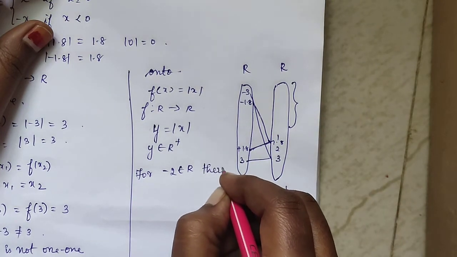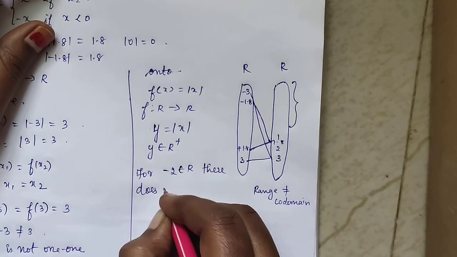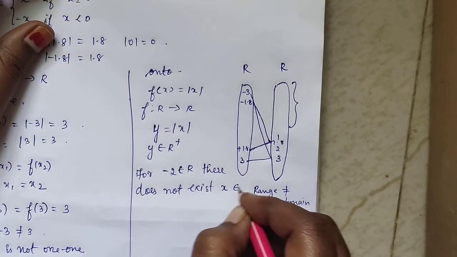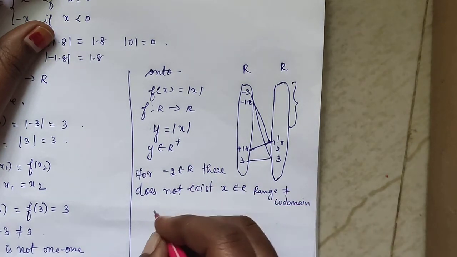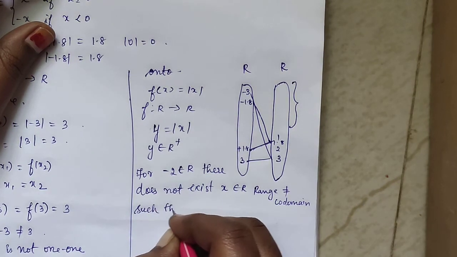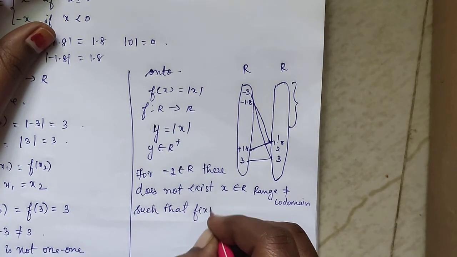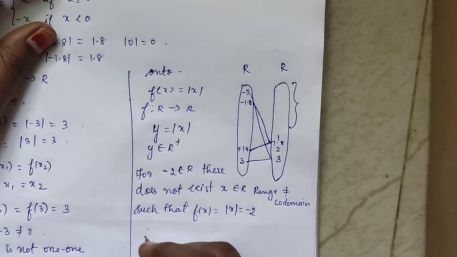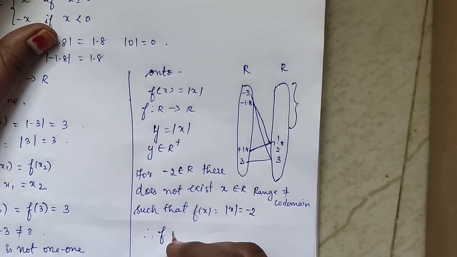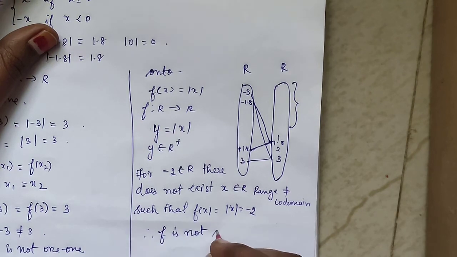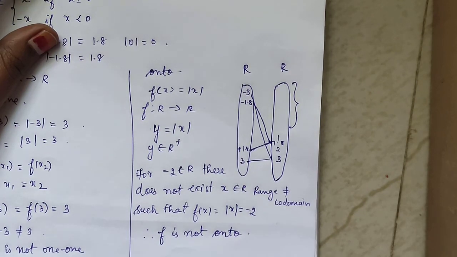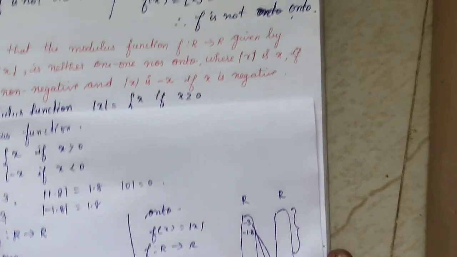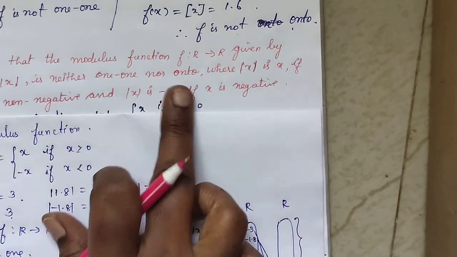There does not exist x that belongs to R such that f of x equal to mod x is equal to minus 2. Therefore, f is not onto. Therefore, we have proved that this is neither one-one nor onto.